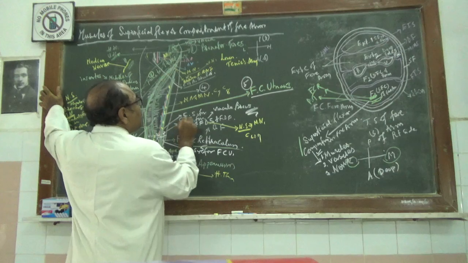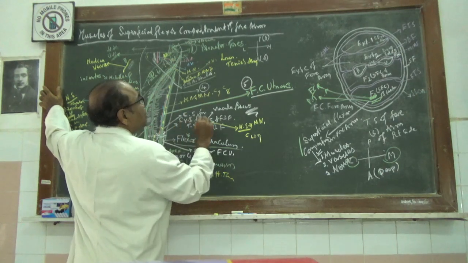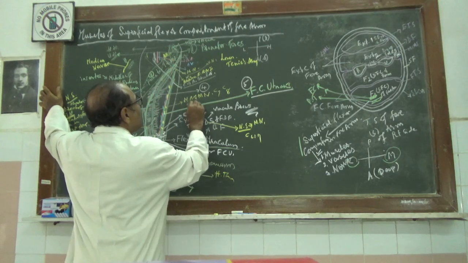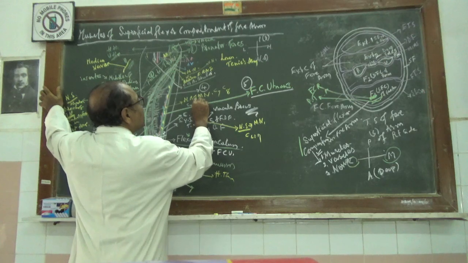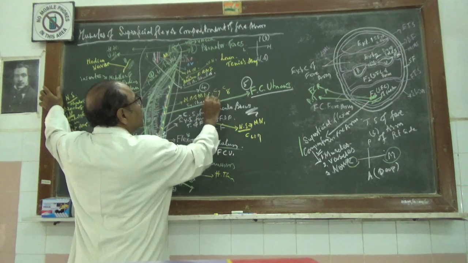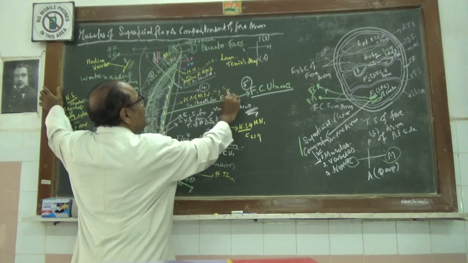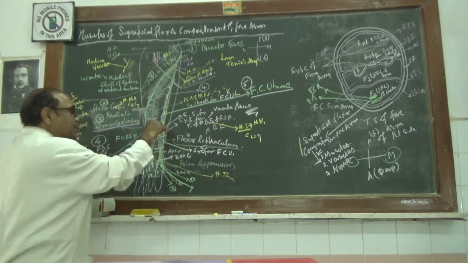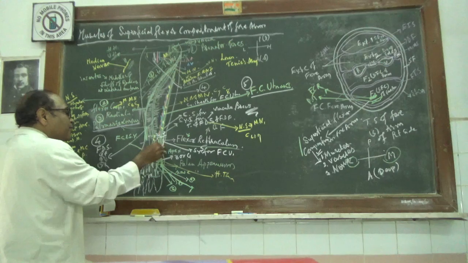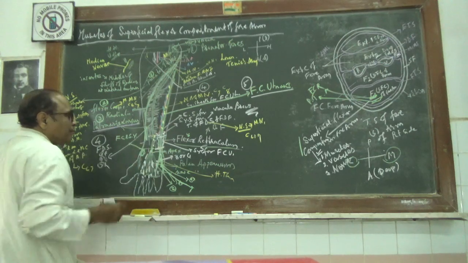That is the synovial sheath for flexor carpi ulnaris, and it runs behind the flexor retinaculum.